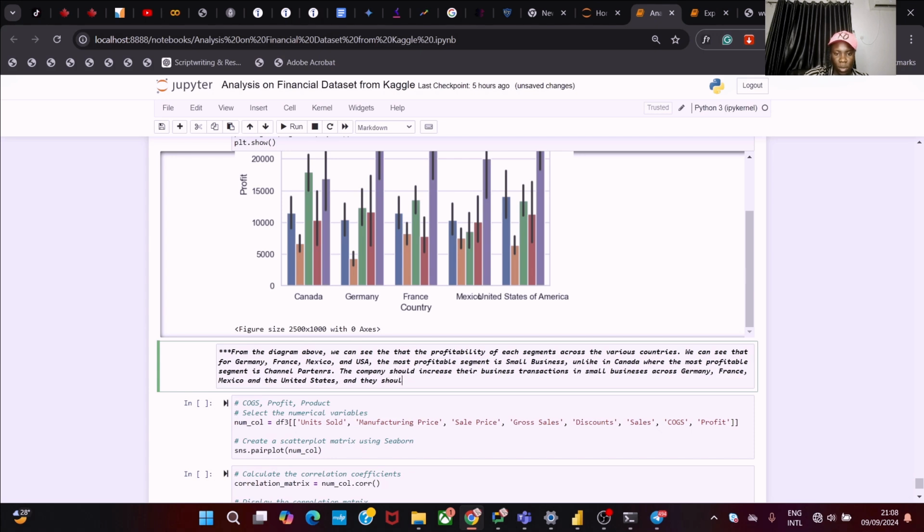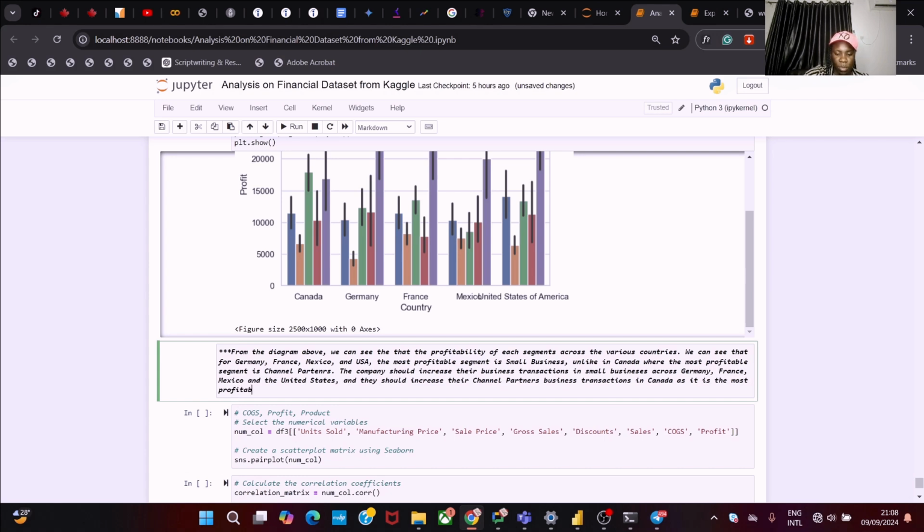And they should increase their channel partners business transactions in Canada, as it is the most profitable segment in Canada compared to small business.